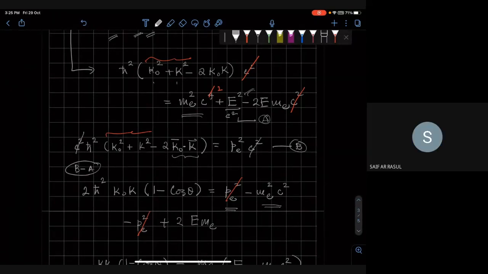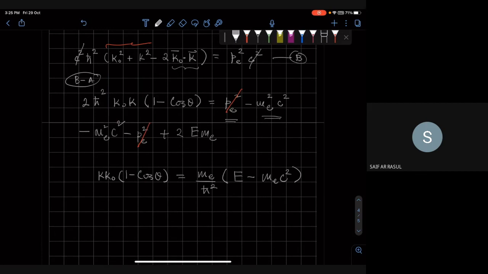Because they would be the same size, with a minus, and they would cancel out each other. Yeah, minus mec squared, sorry, c squared, coming from this guy. So I missed that, and because of that, there would be a 2 in front of this. So when we divide by 2, all the 2's will go away, right?